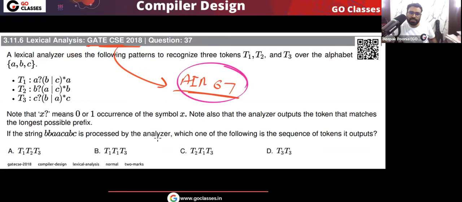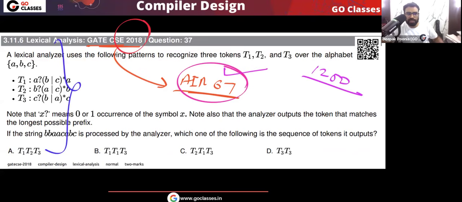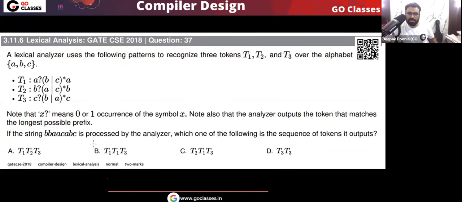This was my second attempt. In my first attempt in 2017, I got around 1200 rank. Okay, you can see. In this 2018 attempt, I got all India rank 67. This question I solved, but there were many students who could not solve this simple question. Let me tell you the reason, because before 2018, there is no question from the lexical analyzer of this type of question. Okay, so when this question came in 2018 for the first time, many students were not able to solve it.